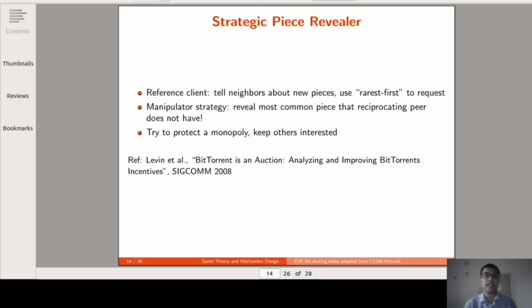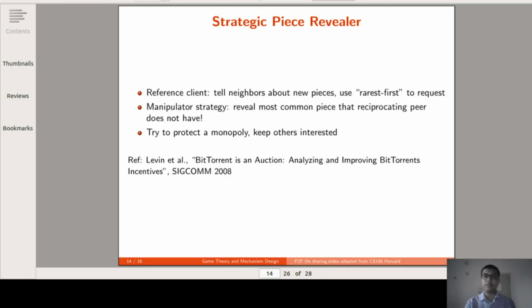The reference client is not doing any kind of strategic manipulation. So this particular client will get the more rare pieces of the file, and it will also share the pieces of the file which are the most common.